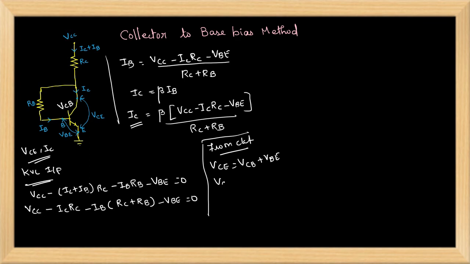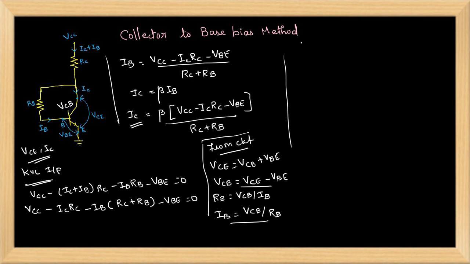Or I can write VCB equal to VCE minus VBE. And also RB equal to VCB by IB, or IB equal to VCB by RB. So this equation will be helpful when we are doing the analysis.